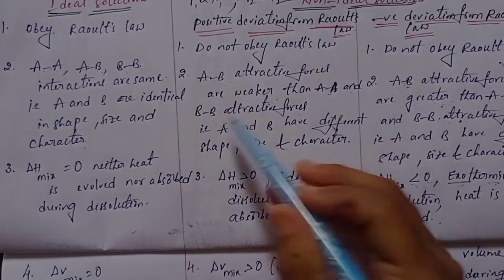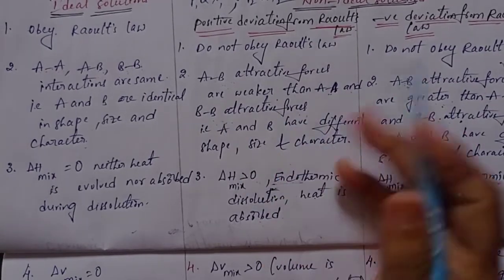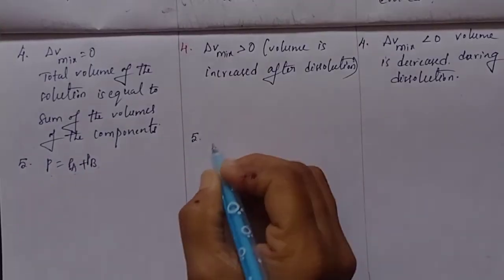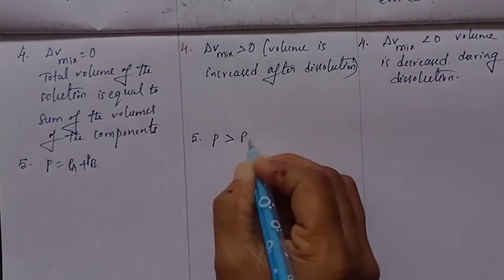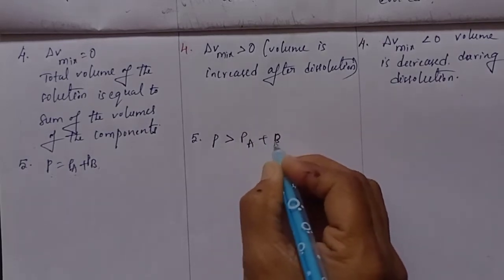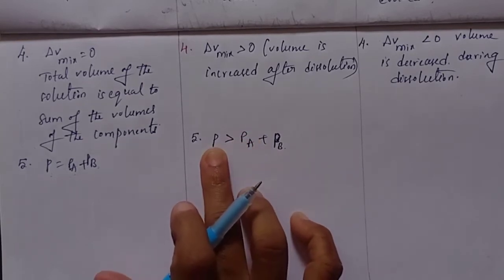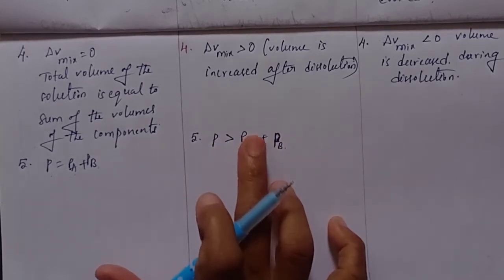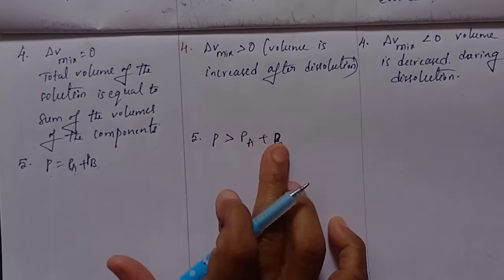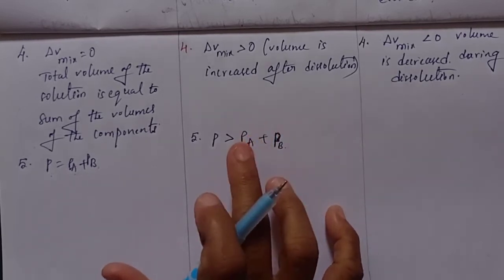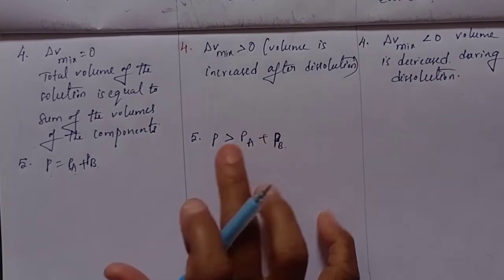Here, fifth point, P is greater than PA plus PB. P is the solution pressure, and PA and PB are the individual components' partial vapor pressures. So this sum is always less than the total pressure.